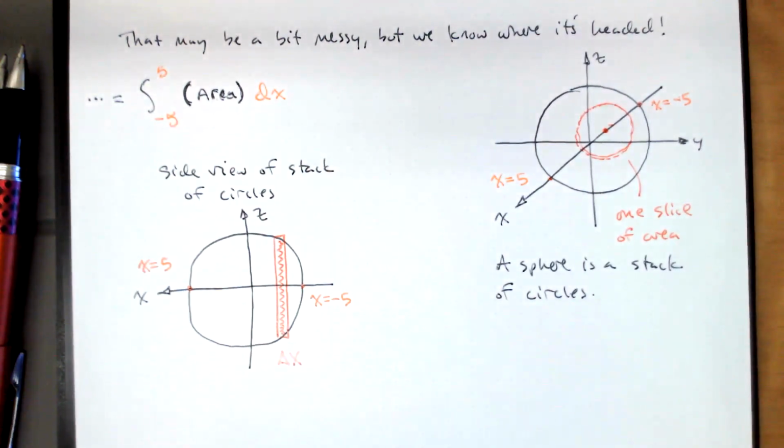There's the delta x that becomes the dx. And the radius of the circle goes from the x-axis out to the sphere.